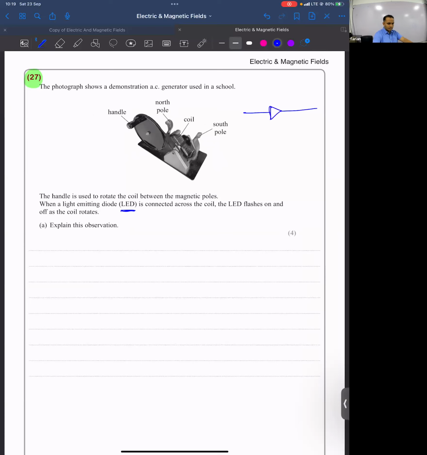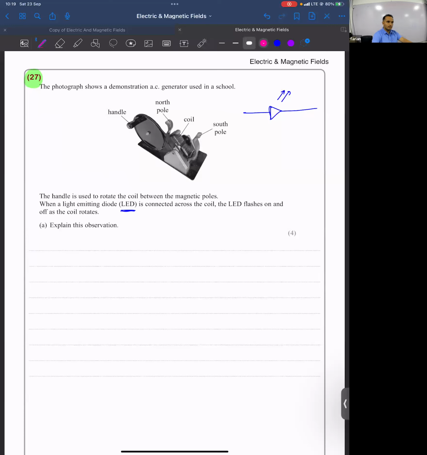Guys, what do you know about an LED? It emits light. This is a circuit symbol of an LED. When does the LED emit light? When current passes through in one direction? Correct. A diode will function only when the current is passing through it in one direction.